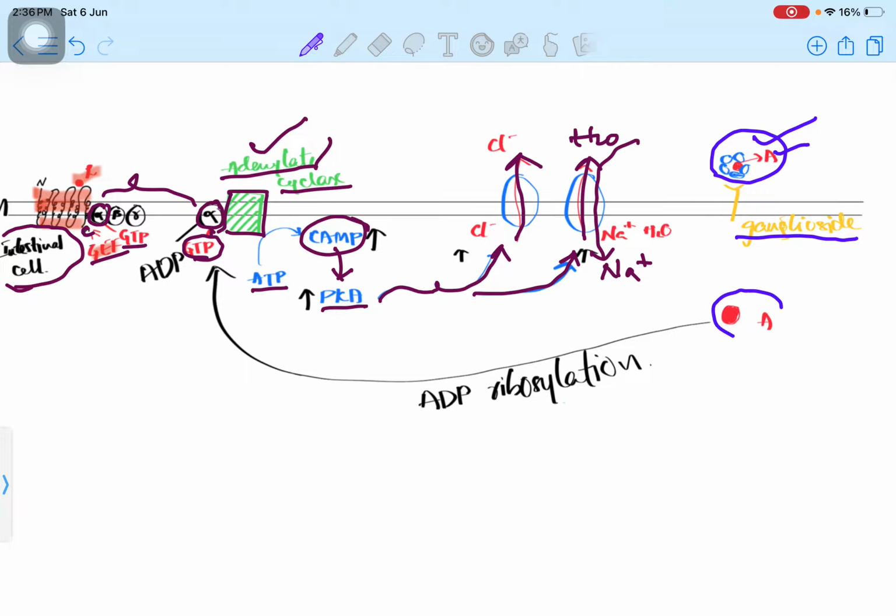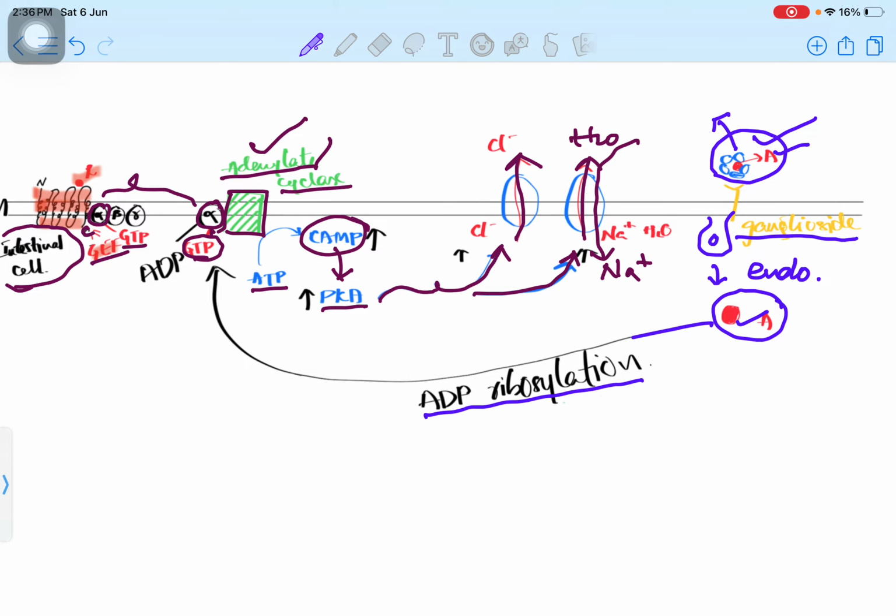Only the monomer of the A subunit will enter inside the cell with the help of what? Endocytosis. The A subunit will enter the cell with the help of endocytosis. After the A subunit enters, the five pentamer subunits remain outside the cell, outside the body.